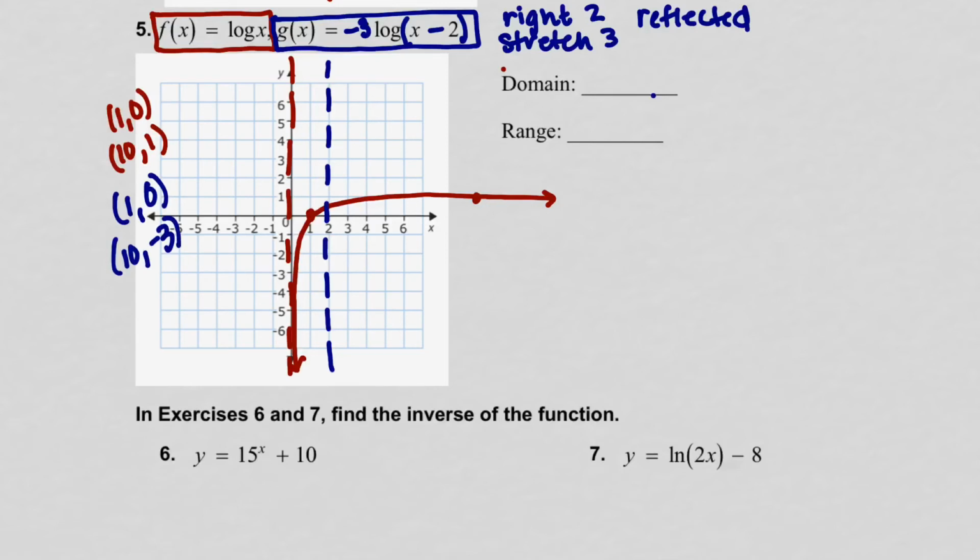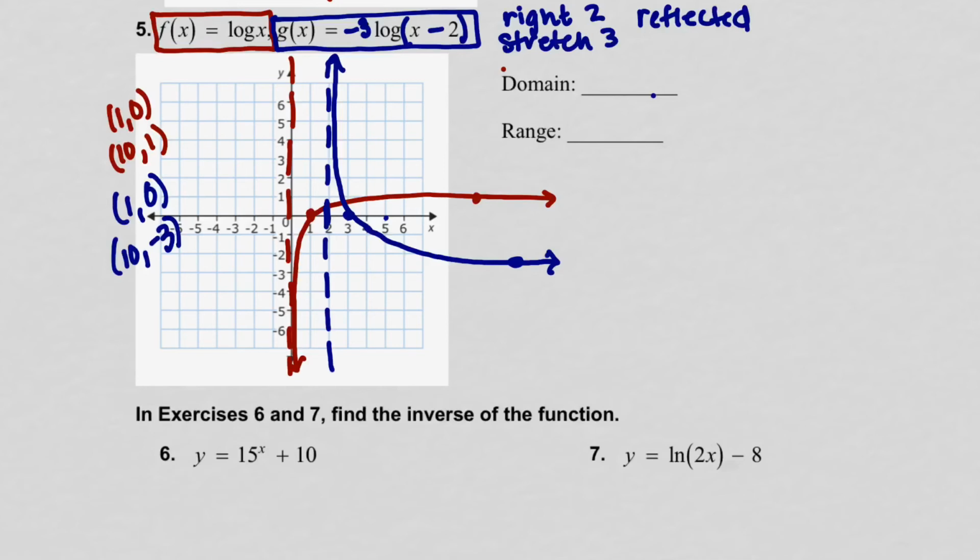So I'm going to start from this point and count these spaces out. So I go right 1 and up 0. Then I go right 10, right over here, and down 3. So it's over here now. Well, see, this is that reflection. I'm going to start away from the asymptote instead of starting hugging it. And I'm going to connect those points, and then I'm going to hug the asymptote and continue on.